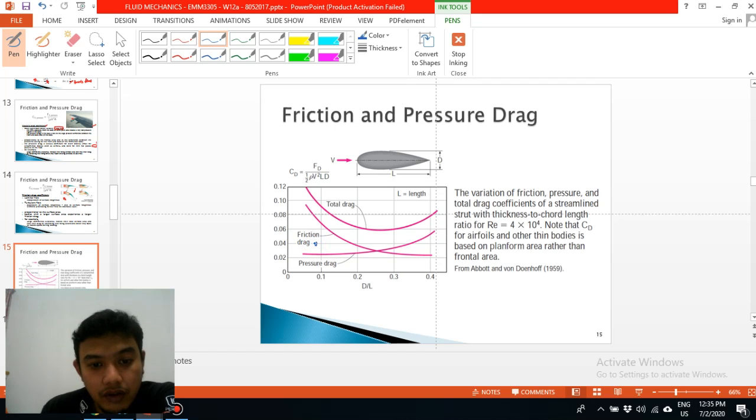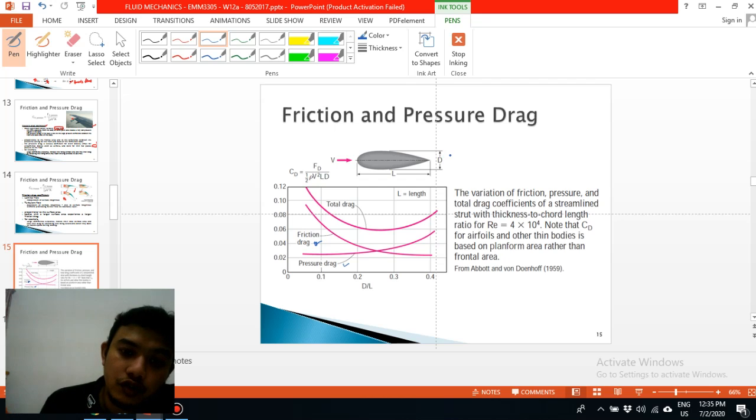So if you can see here, there are two types of drag. One is friction drag, okay, another one is pressure drag. For pressure drag, it will increase a little bit based on D over L, so the higher ratio produces higher pressure drag.